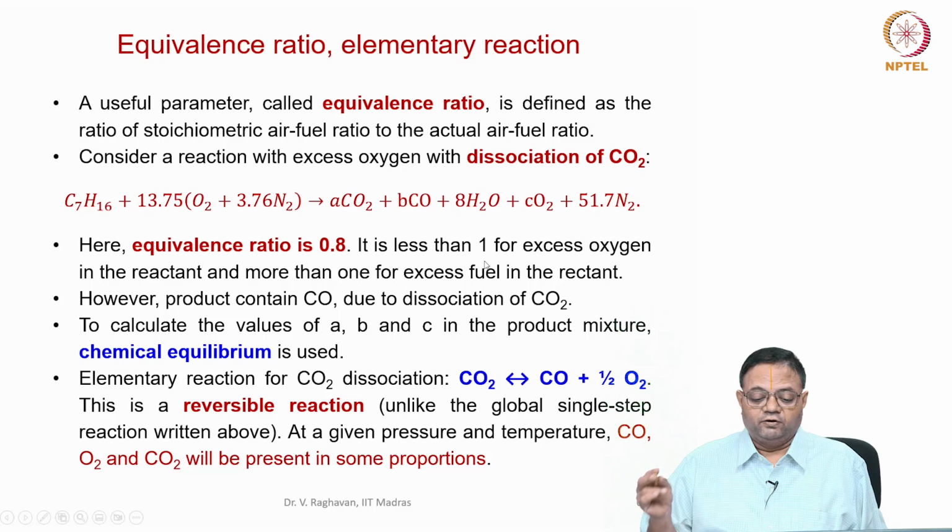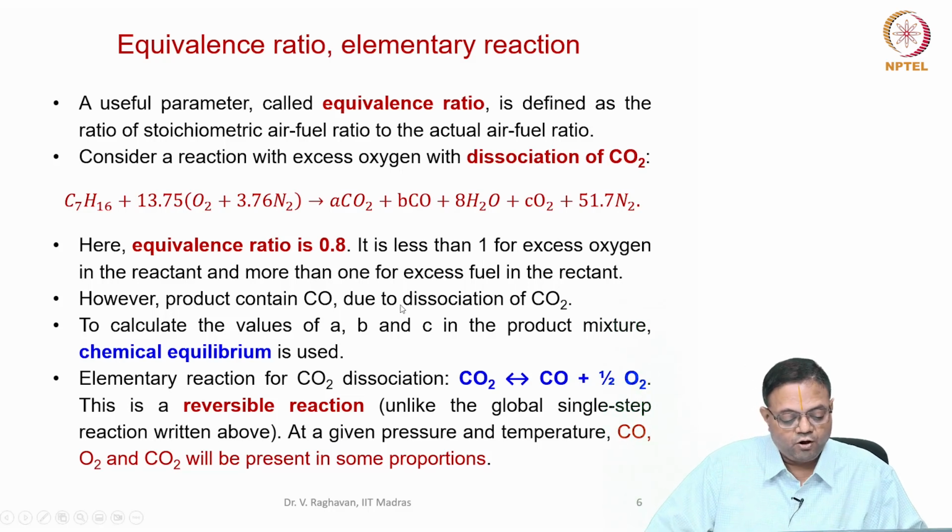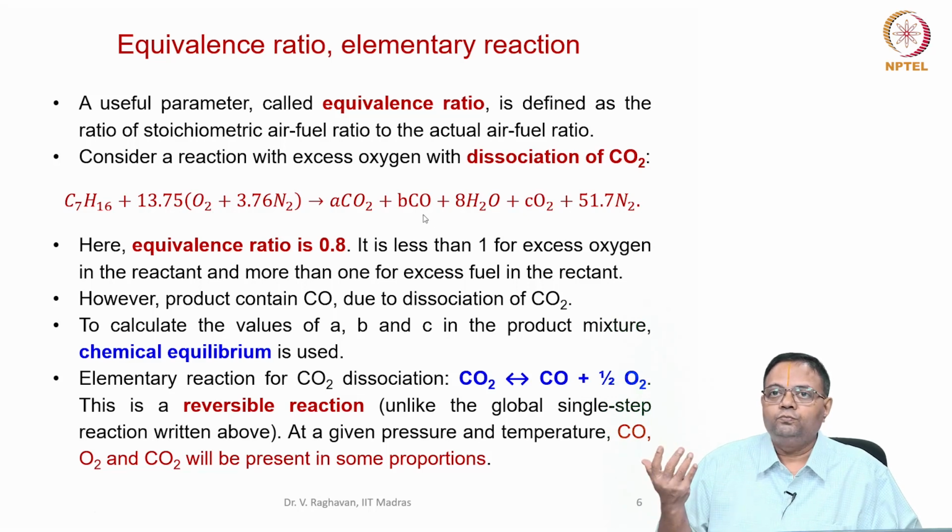So if the equivalence ratio is less than 1, then more air is present than the required or theoretical air. Do you understand? So you may wonder that since excess air is present, why should there be CO? CO should also oxidize to CO2, correct?